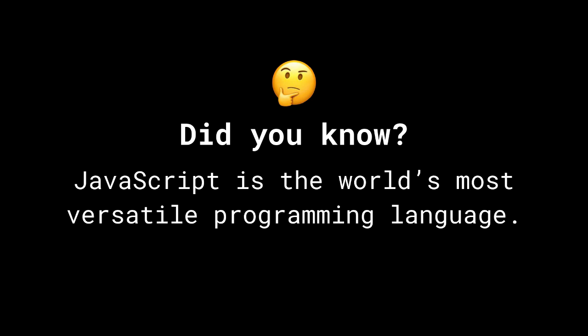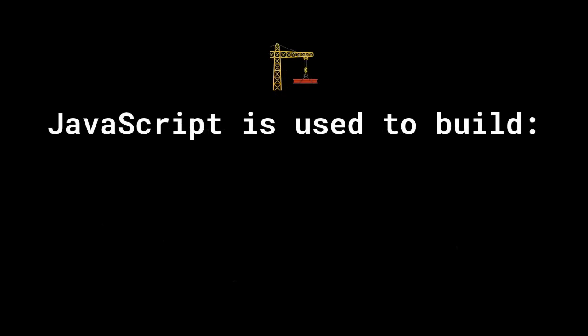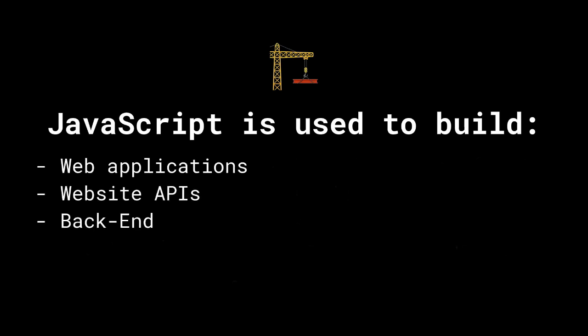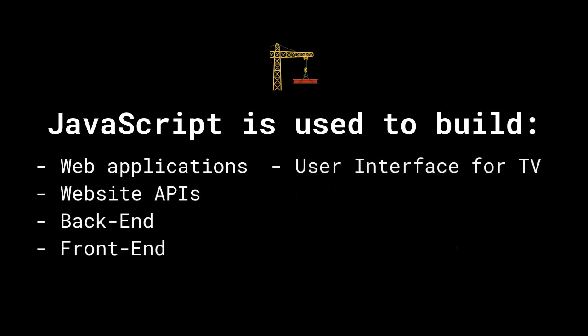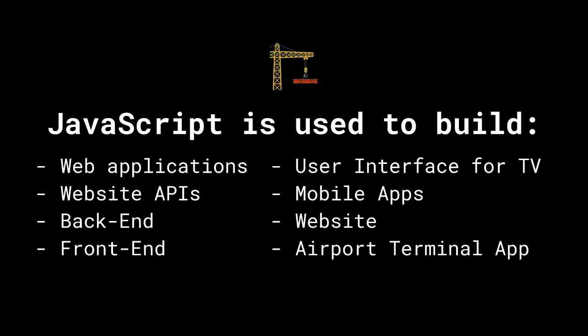You may already know that JavaScript is the world's most versatile programming language, meaning you can do more things with JavaScript than any other programming language. JavaScript is used to build web applications, website APIs, backend, front-end, user interfaces for TVs, mobile apps, websites, and even airport terminal applications.